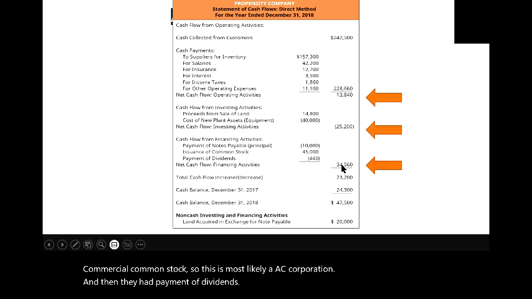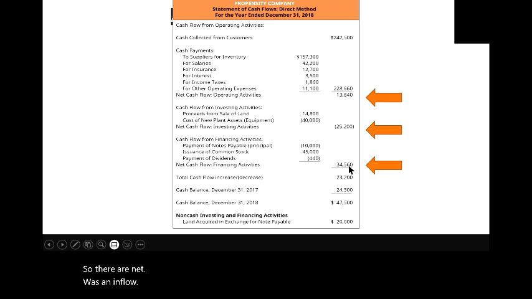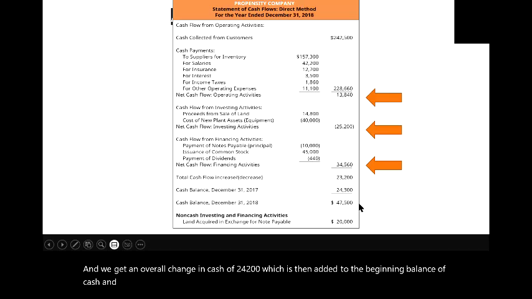So their net was an inflow of $34,560. So we add 1, 2, 3, and we get an overall change in cash of $24,200, which is then added to the beginning balance of cash, and we end up with $47,500.